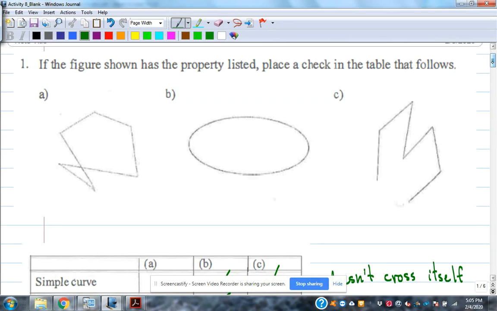So interior angles there for A and C there are the only ones that have angles. The arc doesn't really have angles. The curved one doesn't. The A, all of those angles on the inside of that are less than 180 degrees.